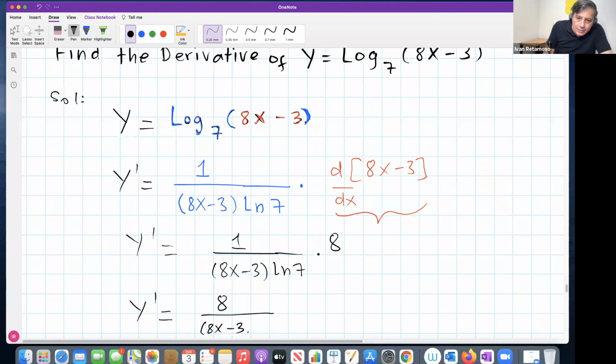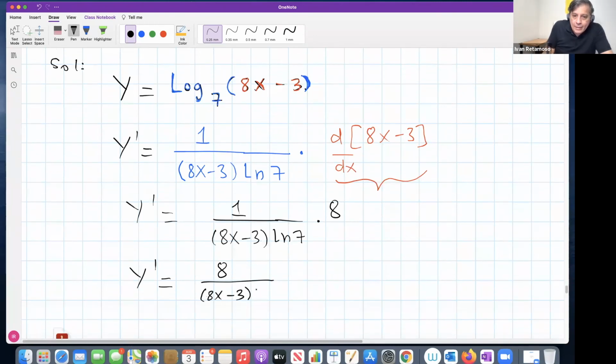Notice I'm writing this within parentheses to keep it separated from this natural log of 7. That's it. This is the final answer. The formulas are simple, but you just have to be aware if you are dealing with composite functions, and apply these formulas accordingly.